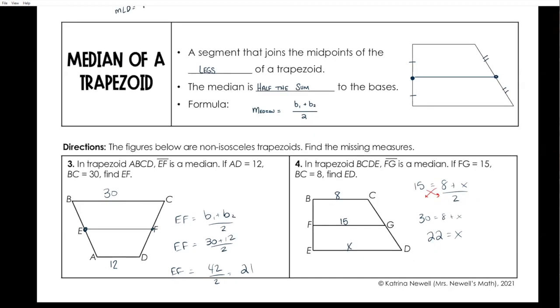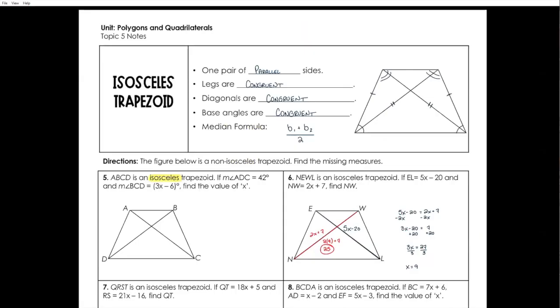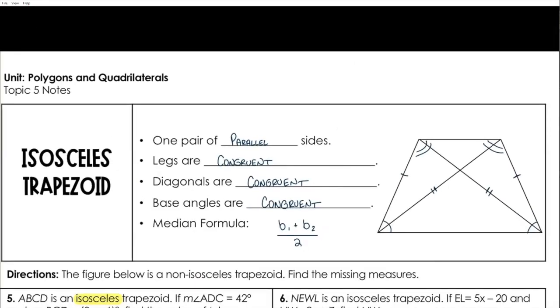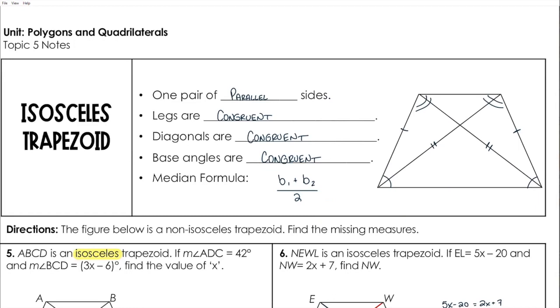Our last trapezoid is an isosceles trapezoid. Now, you should recognize that word isosceles. Isosceles is where we saw an isosceles triangle. It looked kind of like this guy. In an isosceles triangle, we knew the sides were congruent, which meant our base angles were congruent. Well, guess what happens?